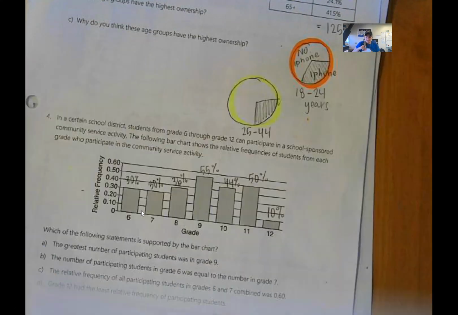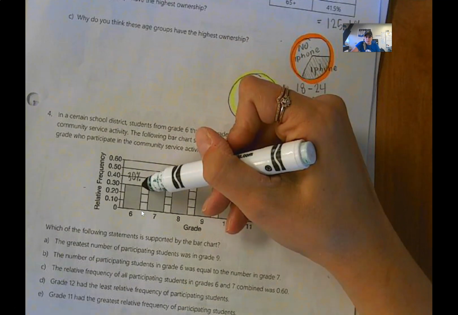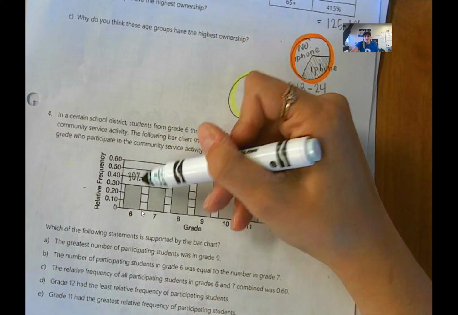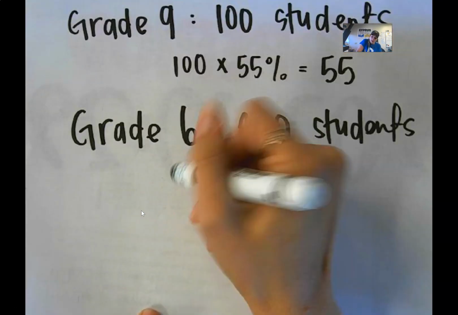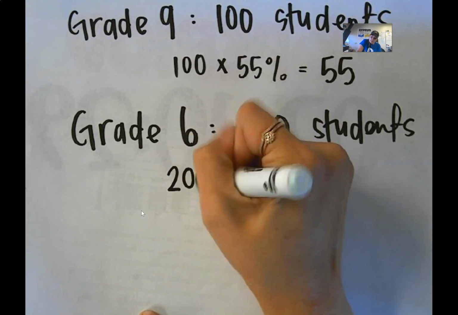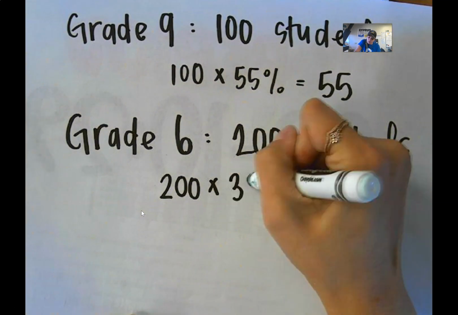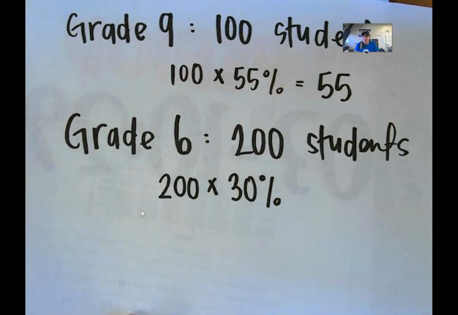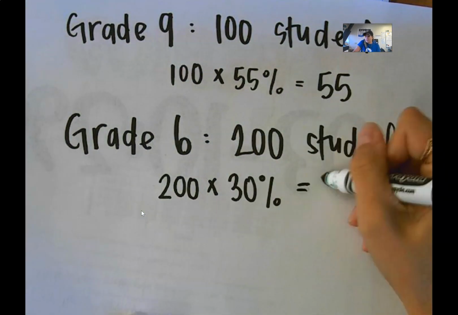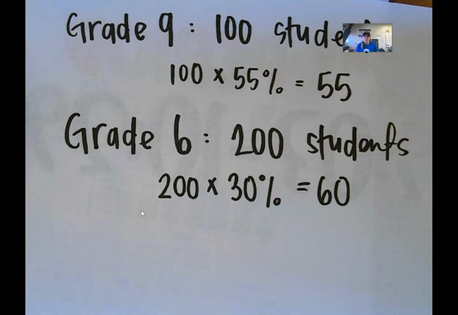In grade 6, only 30% participated in the service activity. So I'm going to take the 200 6th graders, multiply that by the 30% that participated, and this tells me that 60 6th graders participated.